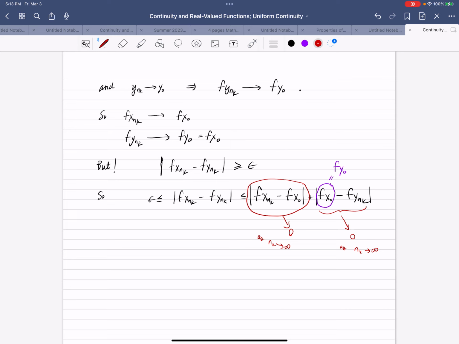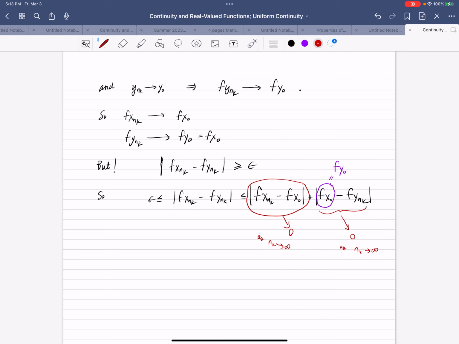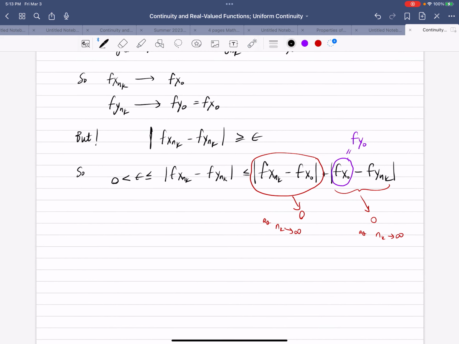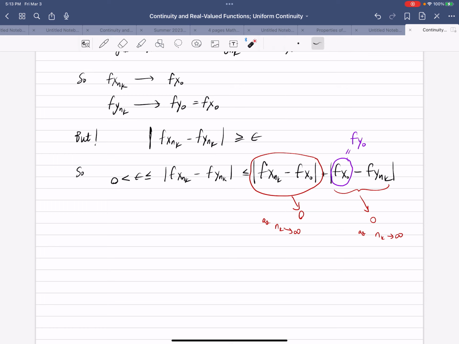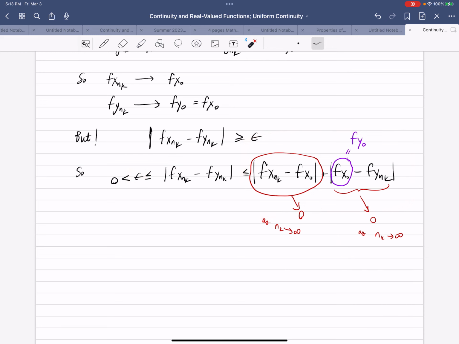So we get a contradiction because this right-hand side is going to 0, but it's staying bigger than or equal to epsilon, right? The epsilon is supposedly bigger than 0. So you can't have this side going to 0, but this side bigger than 0, and this always bigger than or equal to this.